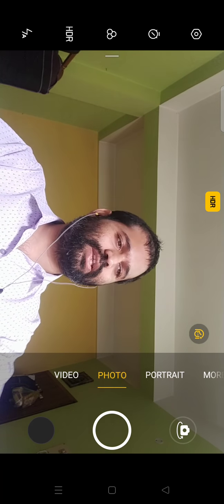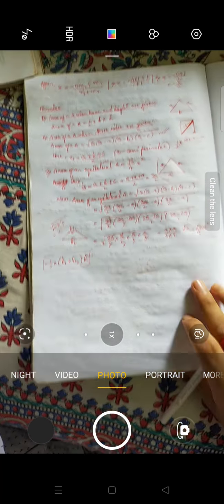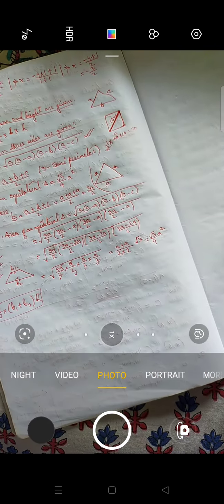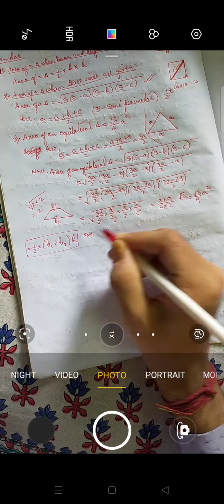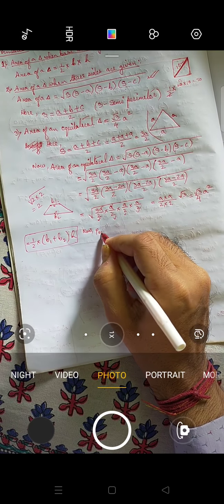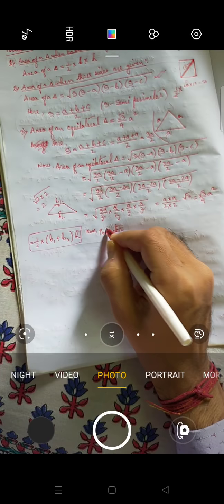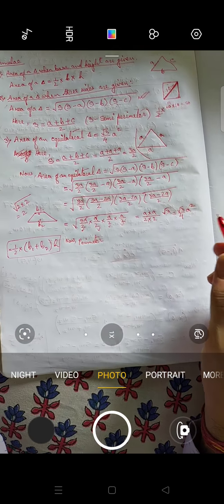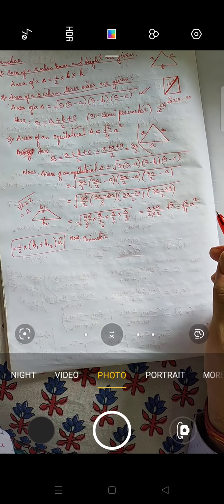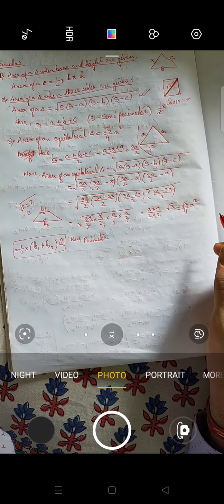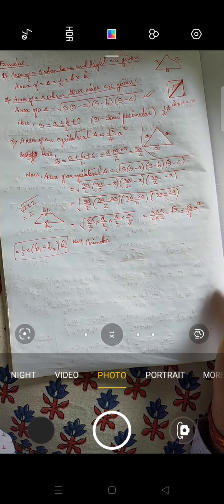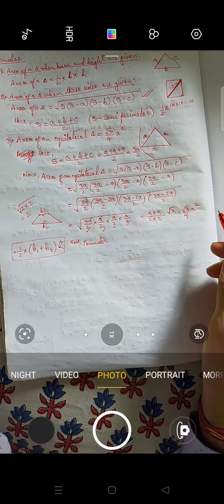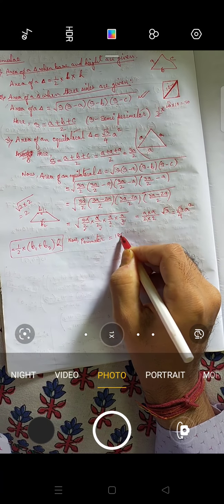Now, the perimeter of an equilateral triangle equals 180 centimeter.